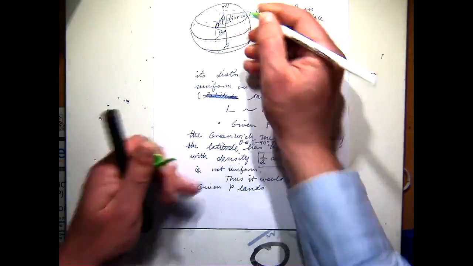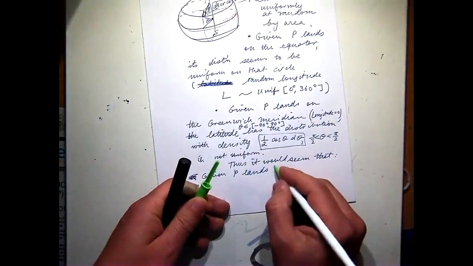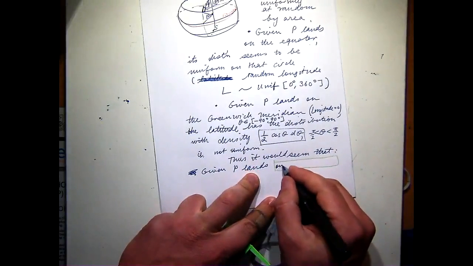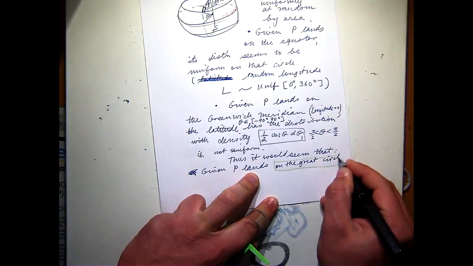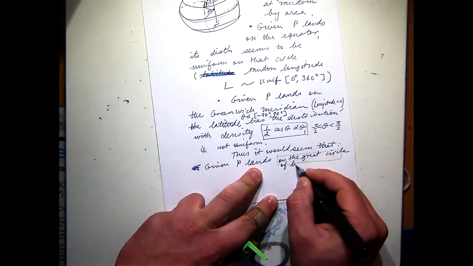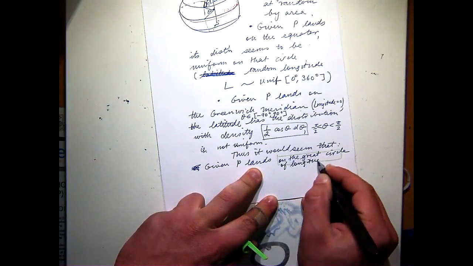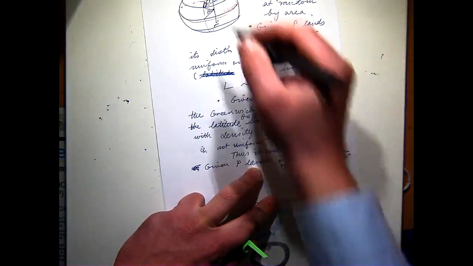So we get a paradox. On the great circle, which I've written in green, of longitude 0 or 180 degrees, right? So 0 degrees would be the front part of that circle, 180 gives you the back.